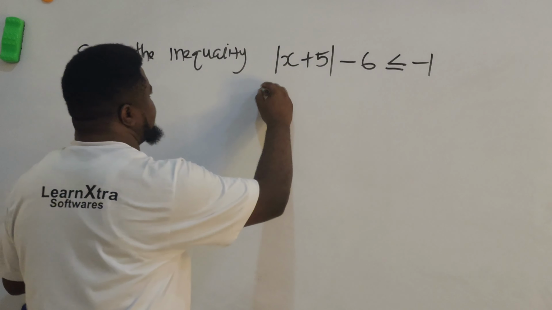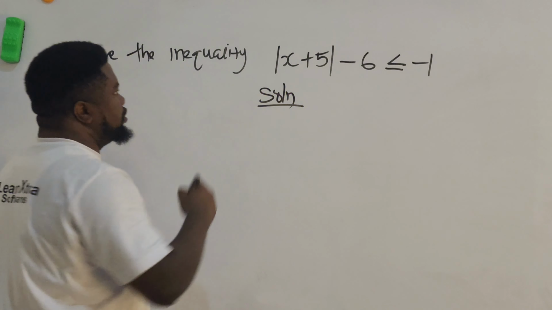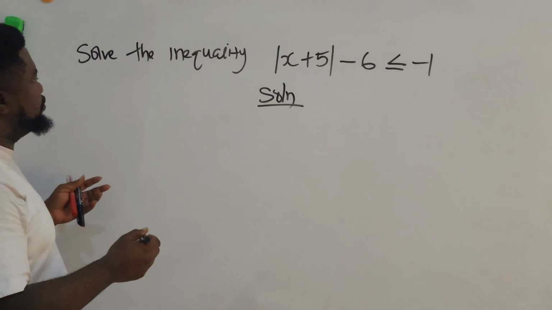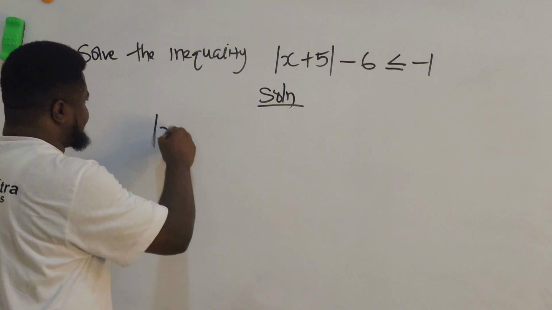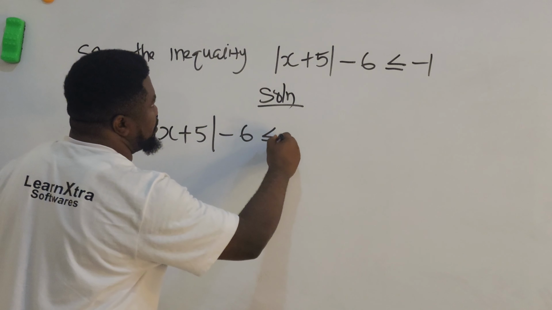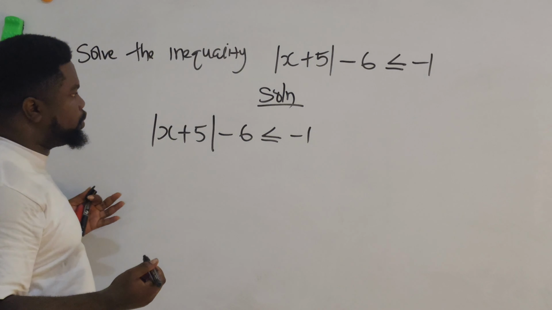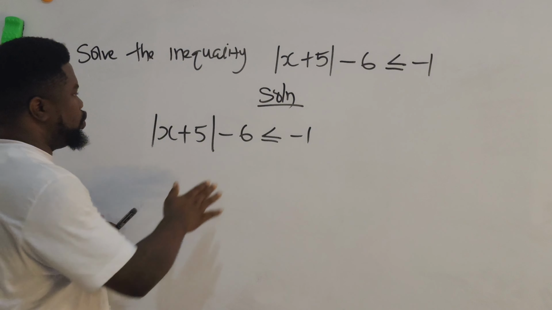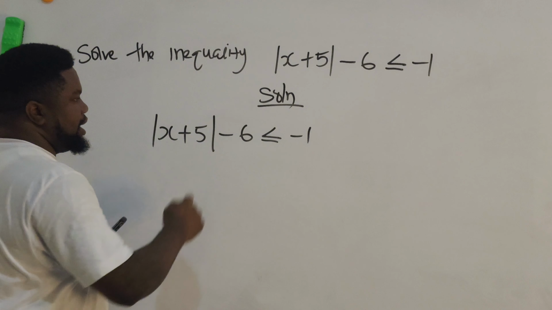Solution to this. Solving this, we have x plus 5 minus 6 is less or equal to minus 1. What do we do? First, we clear anything here. How do we do that?